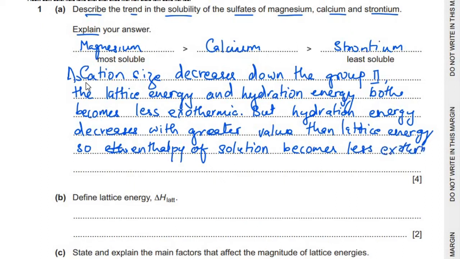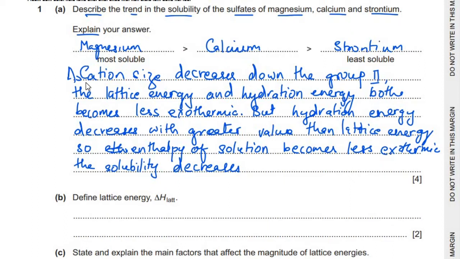Now we need to know that for a substance to become more soluble, the enthalpy of solution should be negative or should be a very small positive value. So if it becomes less exothermic, obviously the solubility decreases down the group. That's the main reason, and we need to explain these 3 points, that lattice and hydration, both the energy decreases, becomes less exothermic, but hydration decreases more.